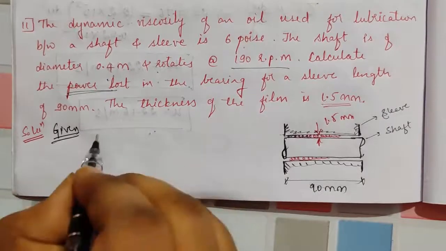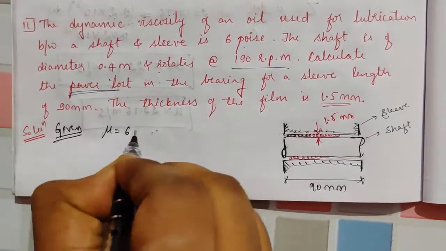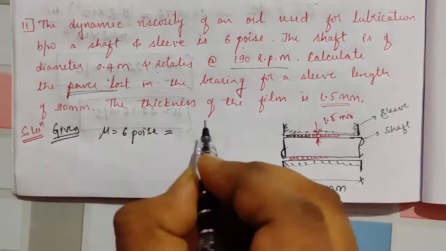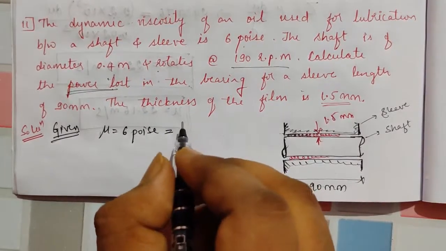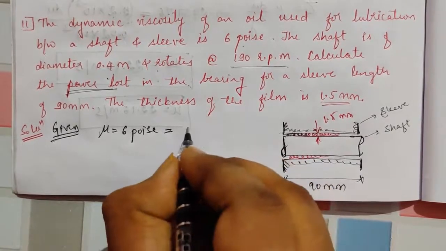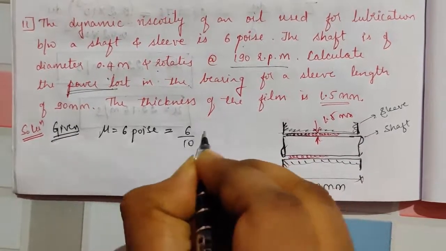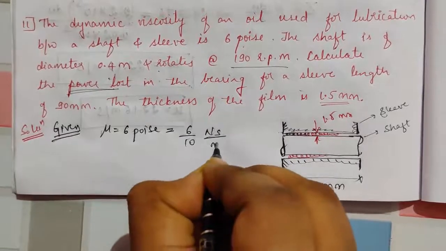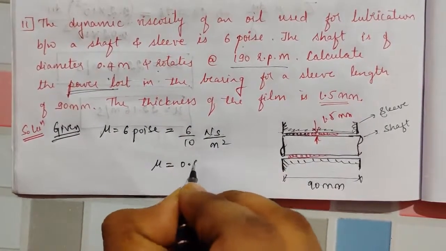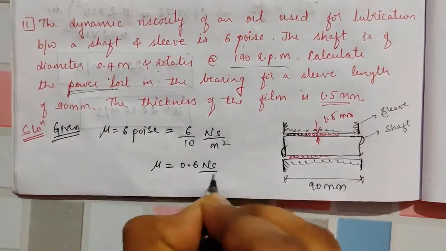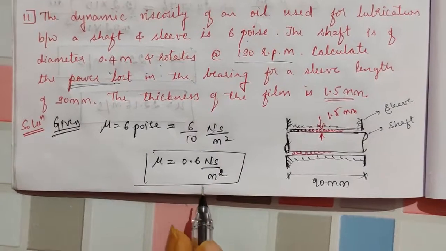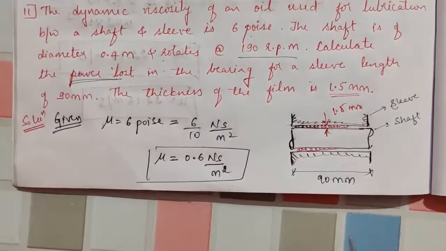The dynamic viscosity is given, that is mu is equal to 6 poise. So I need to convert it to Newton second per meter square. So it will be 6 by 10 Newton second per meter square. If I simplify more, it will be 0.6 Newton second per meter square. For this problem, remember this 0.6 Newton second per meter square.